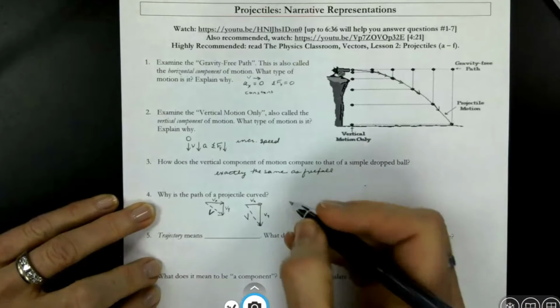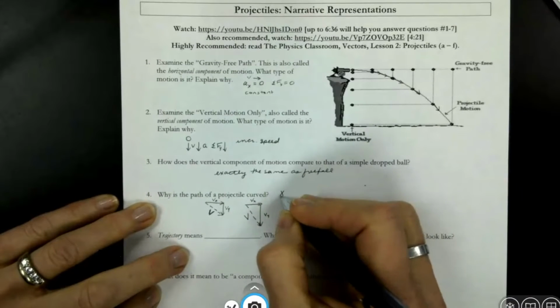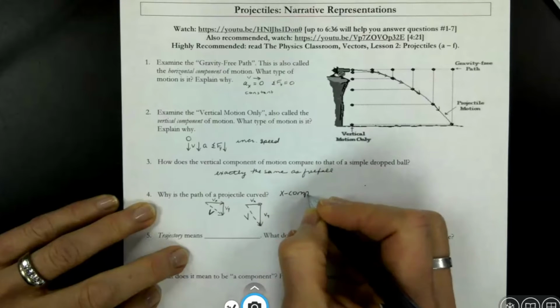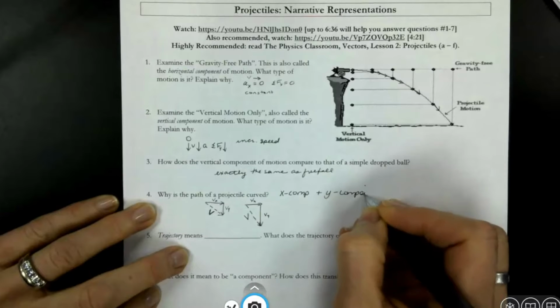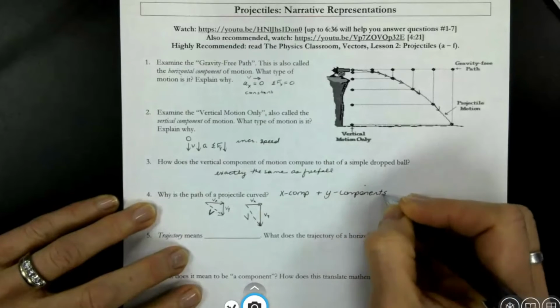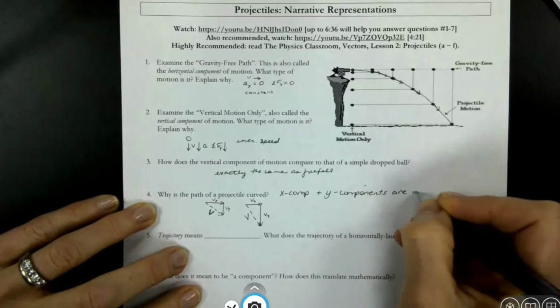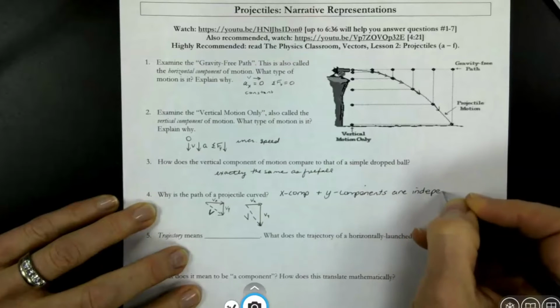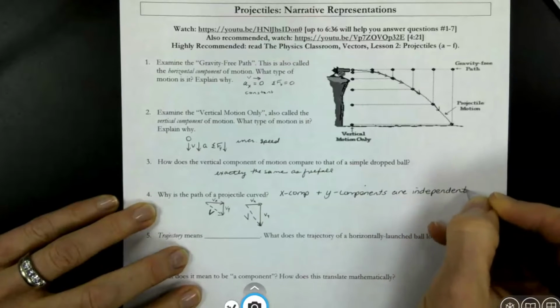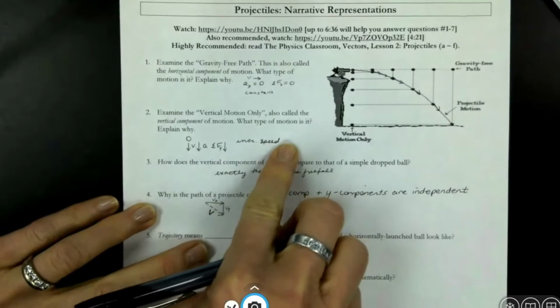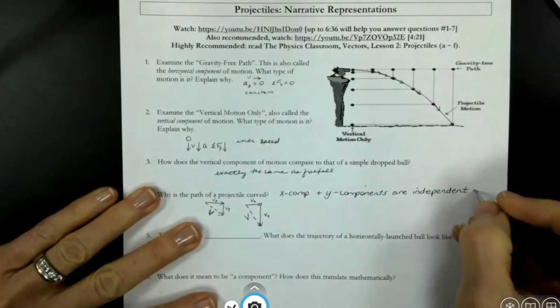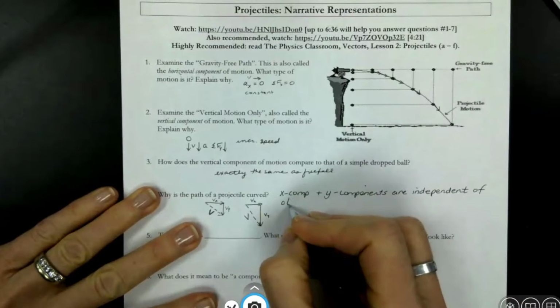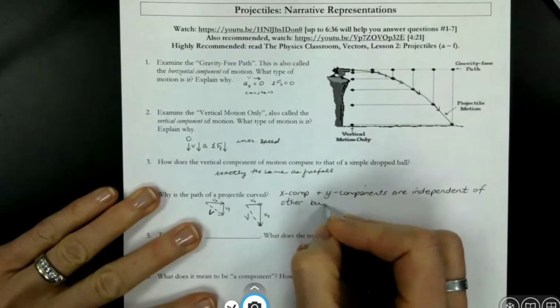The thing to remember is that the x component and the y component, both of them, are independent of each other. So they do what they do, right? What the x does on the x, the y does on the y, but they act simultaneously.